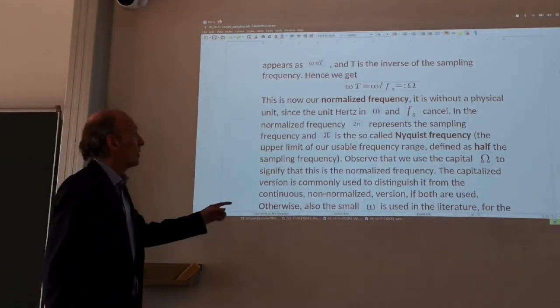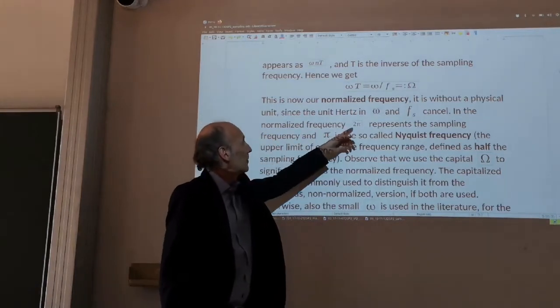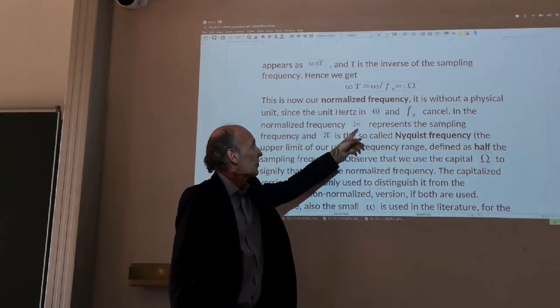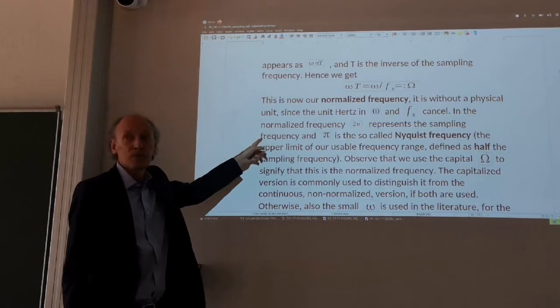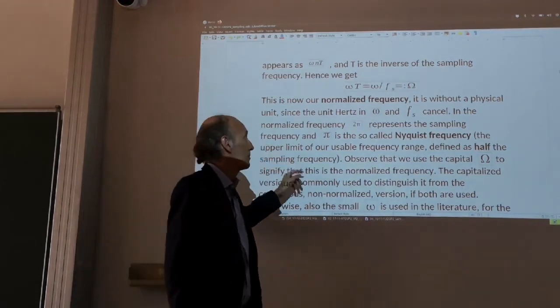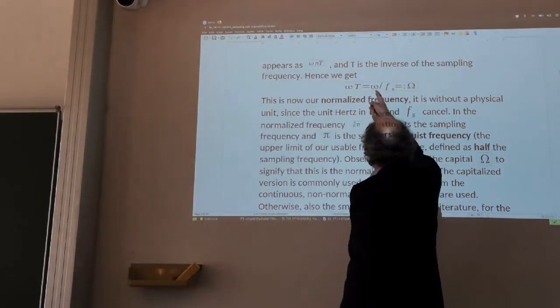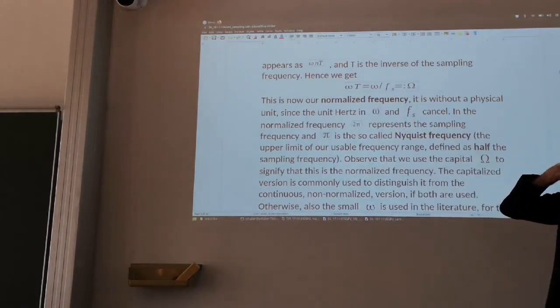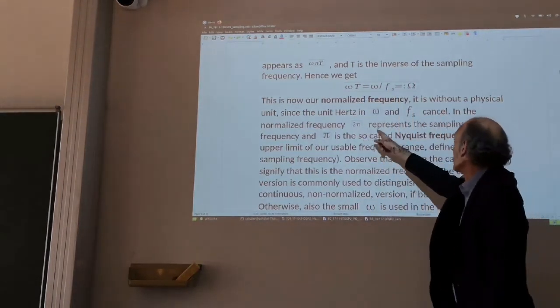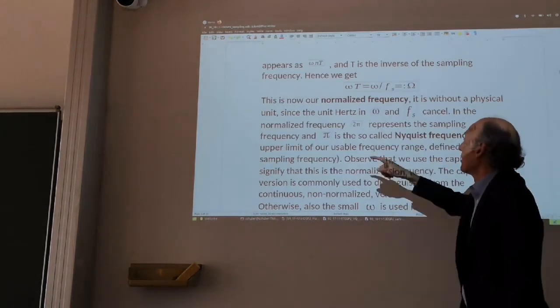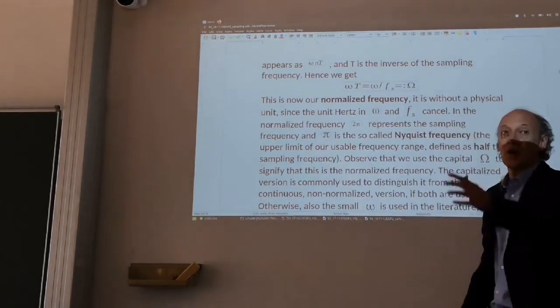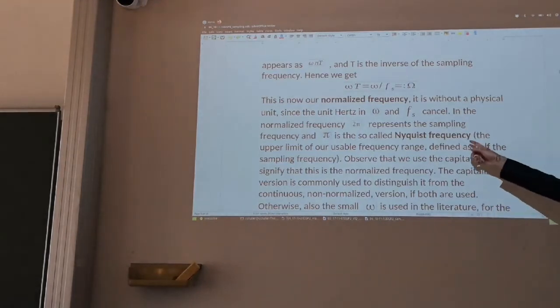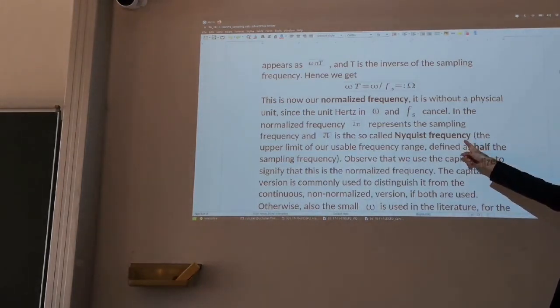Yeah. And in this normalized frequency, the value 2 pi represents the sampling frequency. Okay. So if this is 2 pi Fs divided by Fs, then all that's left is 2 pi. So 2 pi is the sampling frequency. And that means pi, which is half the sampling frequency, is called the Nyquist frequency.